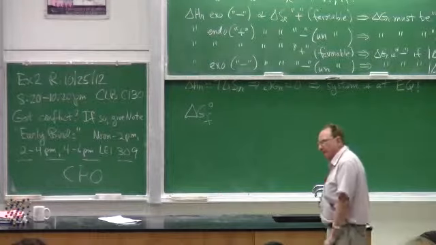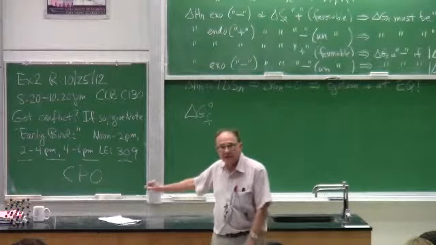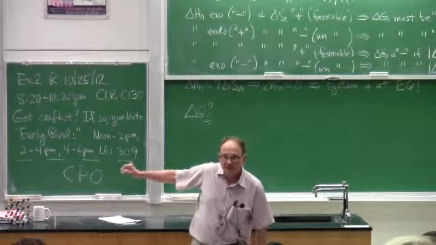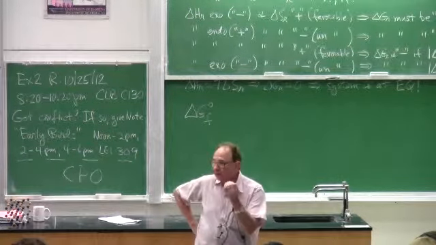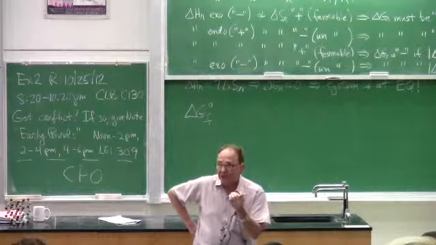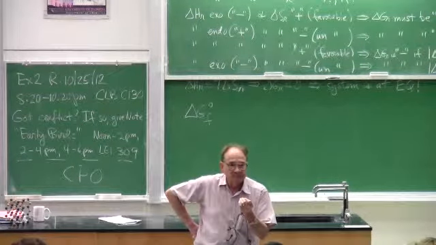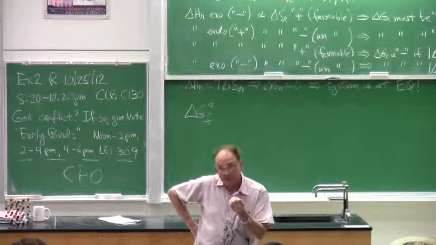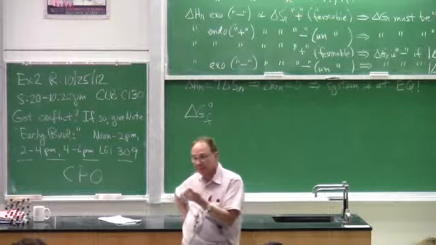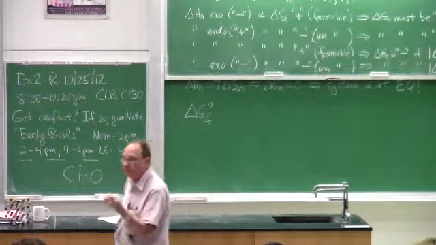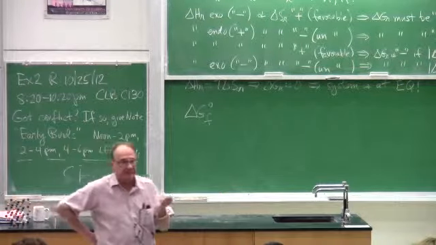Now, I think the easiest way to conceptualize standard conditions is to recognize the possible components of a reaction system. Components. I'm talking about material. What are the possible material components of a reaction system?